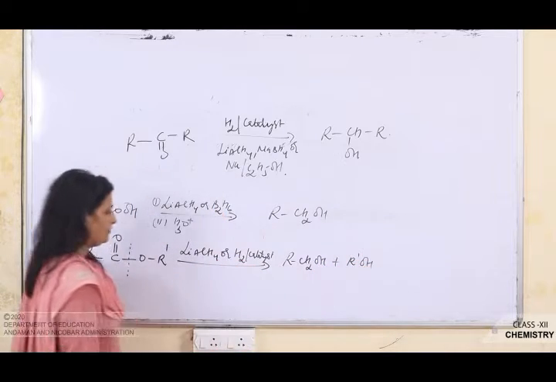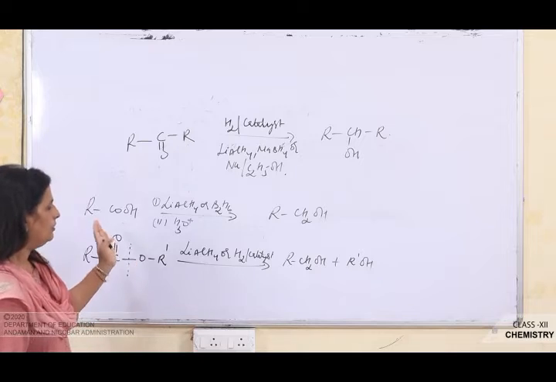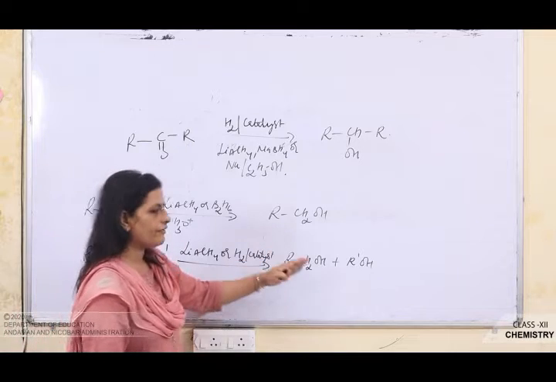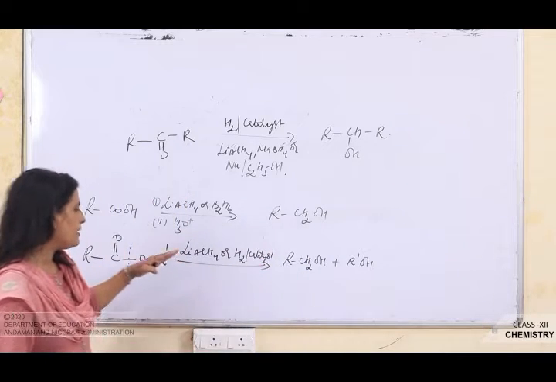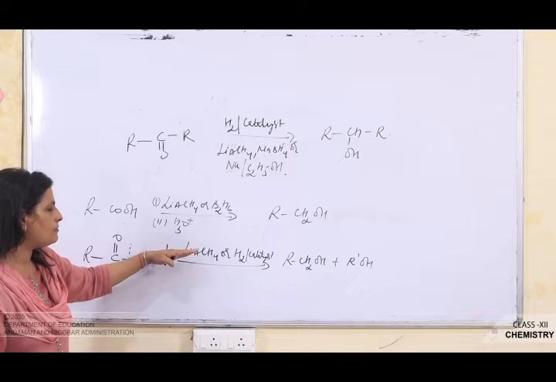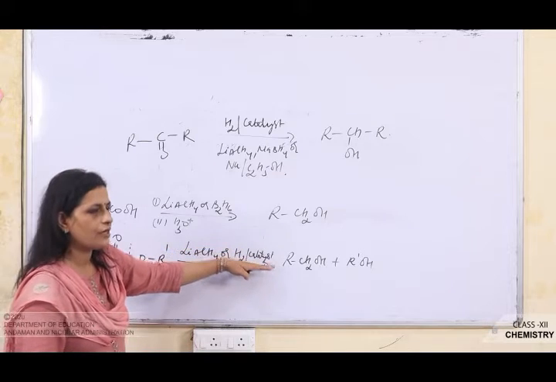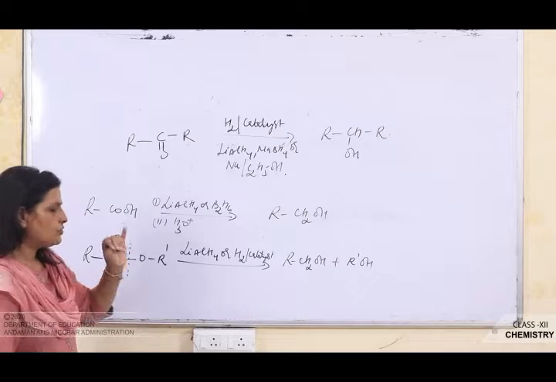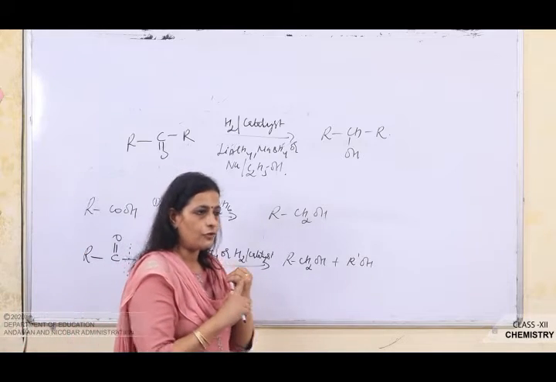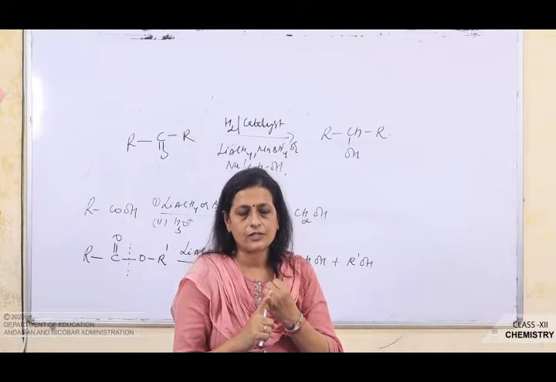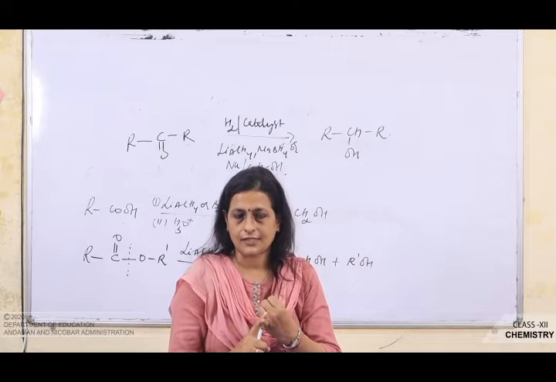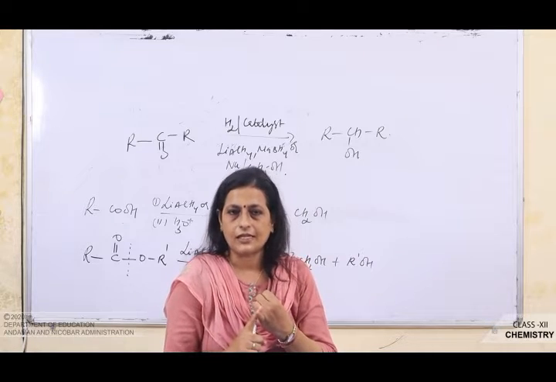So is it clear? So esters are also undergoing reduction and you are getting which alcohol? Primary, but the reducing agent which you can use is lithium aluminum hydride or hydrogen in presence of a catalyst. Sodium borohydride will not reduce carboxylic acids and esters, and sodium in presence of ethanol also.